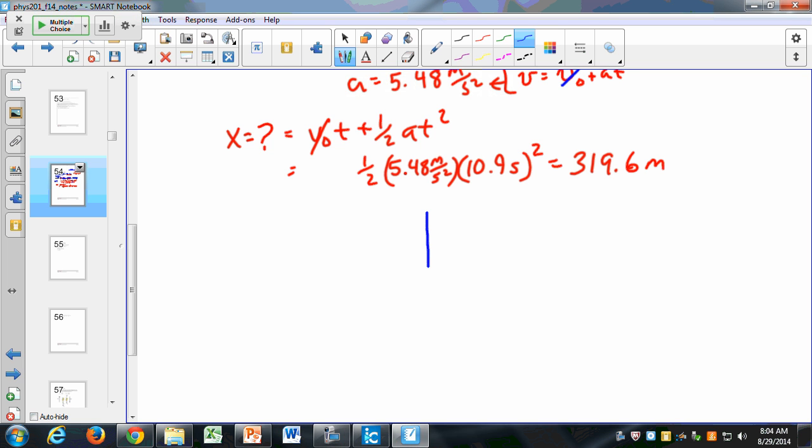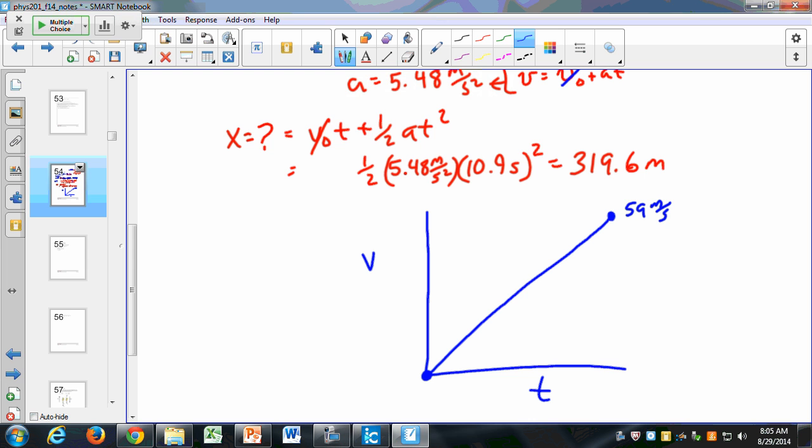So if we draw a v versus t graph for these, I know that for the Lamborghini, it starts at 0, and it ends at a velocity of 59 meters per second. If I connect these two, that line has a slope of that lower acceleration, 5.48 meters per second squared.